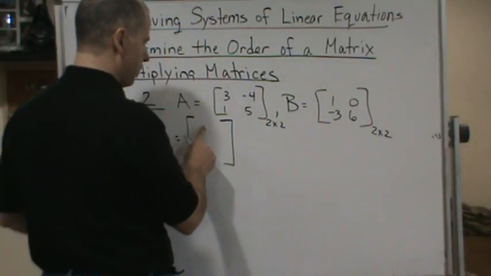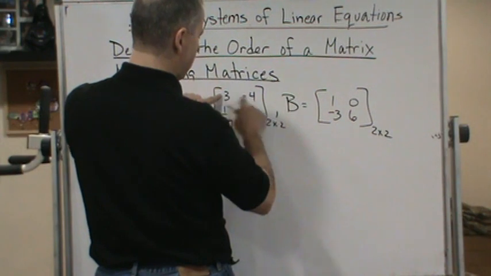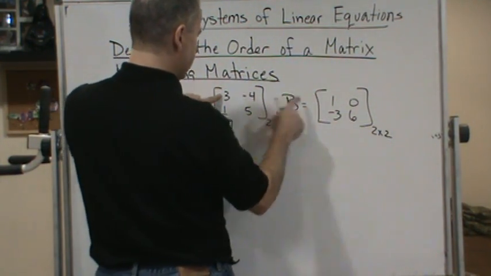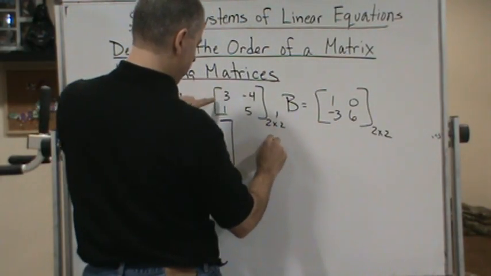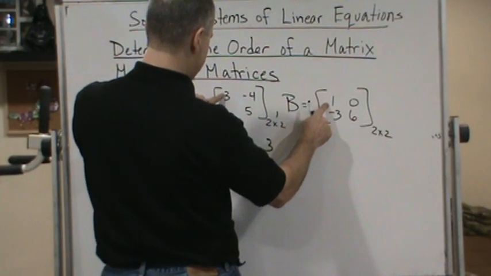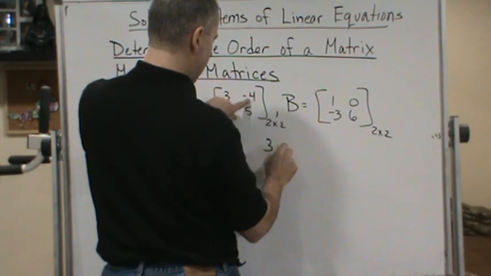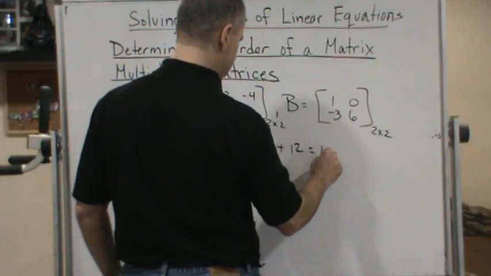So to do the first entry, we're going to do the first row, first column. So we're going to do 3 times 1 is 3, plus -4 times -3, which is 12, which equals 15.